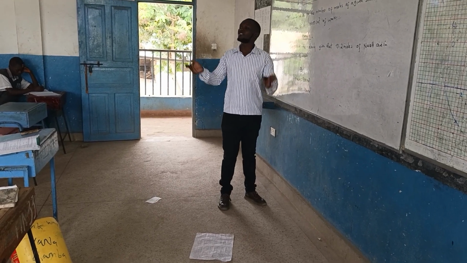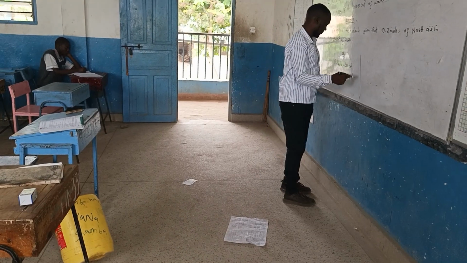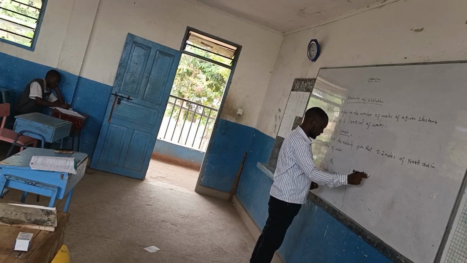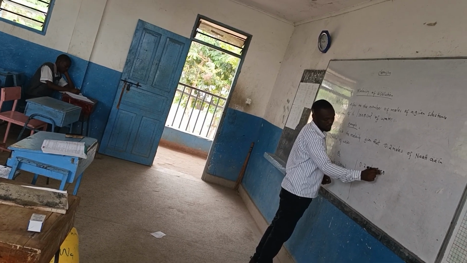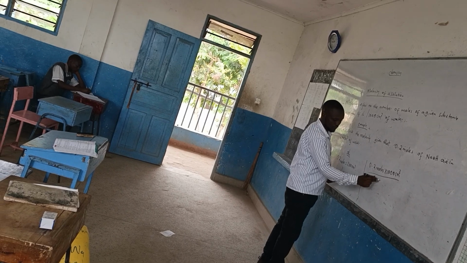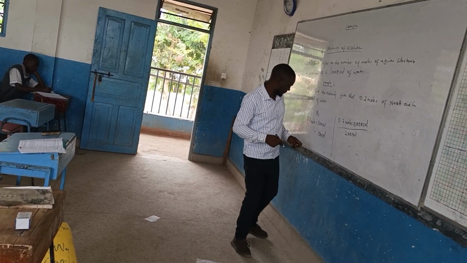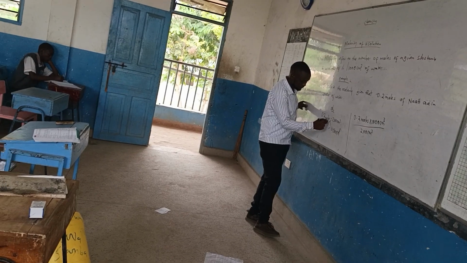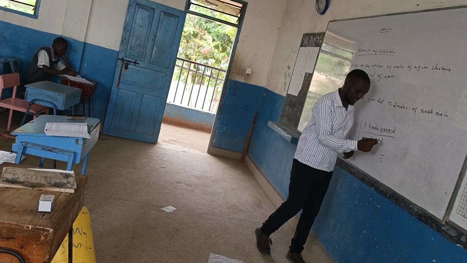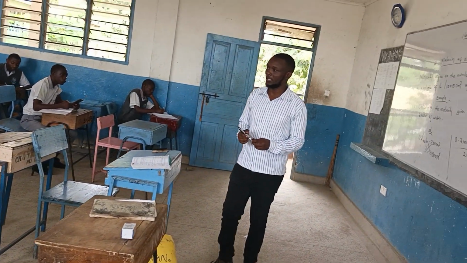Now we are calculating the number of moles in 1,000, which will give us the molarity. 0.2, cross multiplication. You divide, you get the molarity. On the calculator, do it very fast.